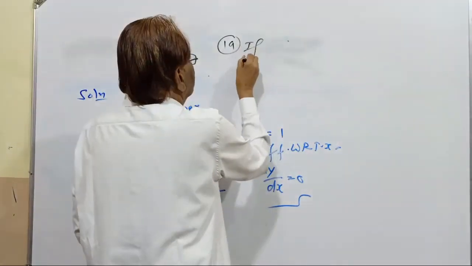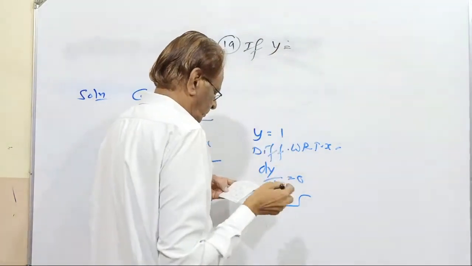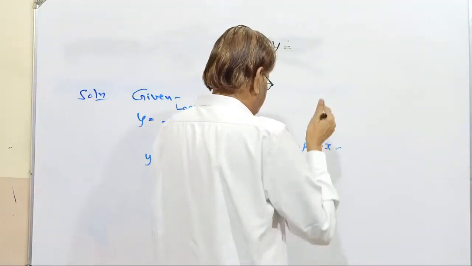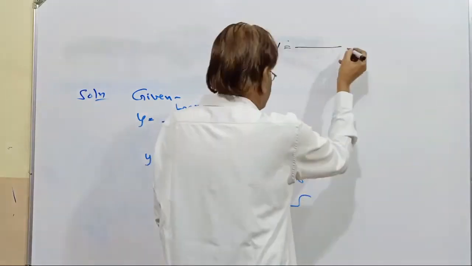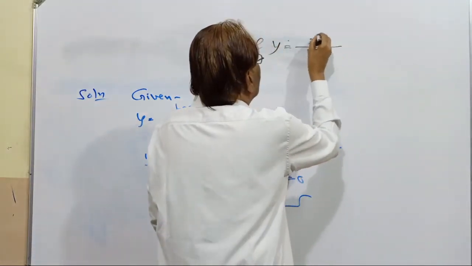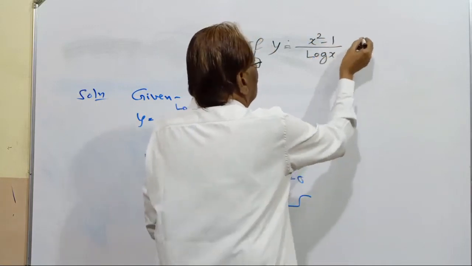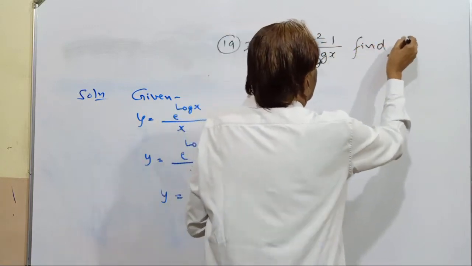If y equal to x squared minus 1 by log x, find dy by dx.